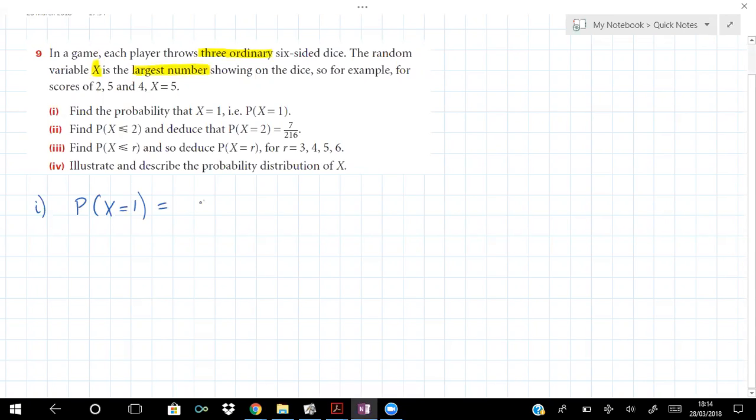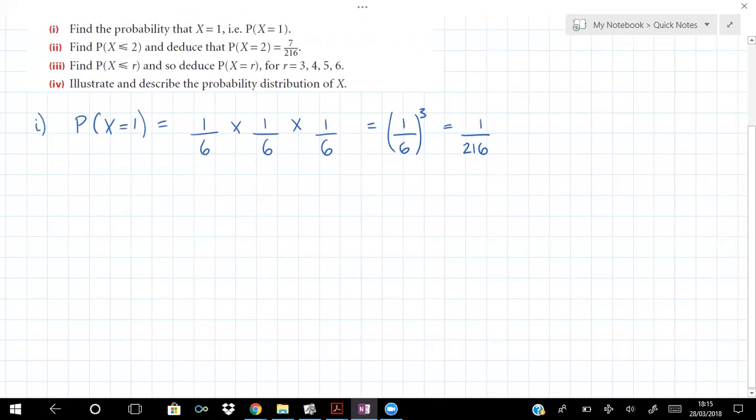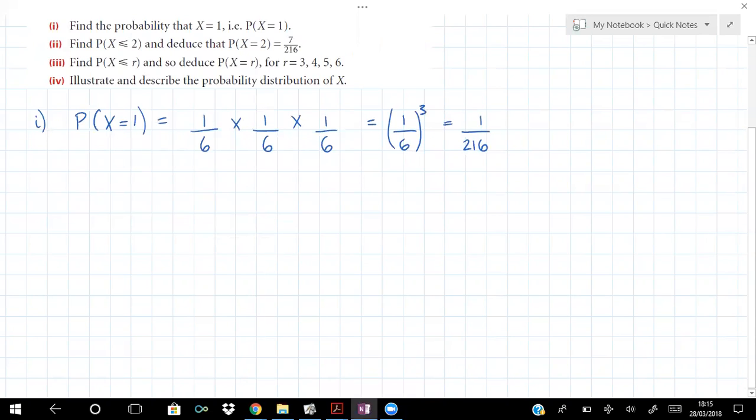So the probability of getting a 1 on the first dice is 1/6, and the probability of getting a 1 on the second dice is 1/6, and on the third dice is 1/6. So I've got (1/6) to the power of 3. So the probability of that happening is 1 out of 216.